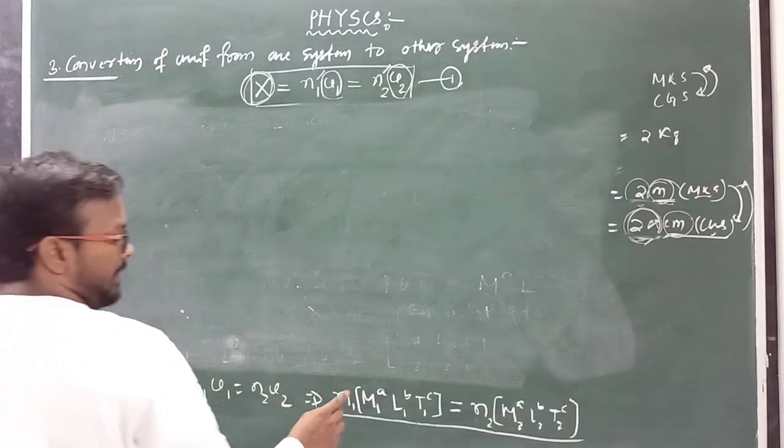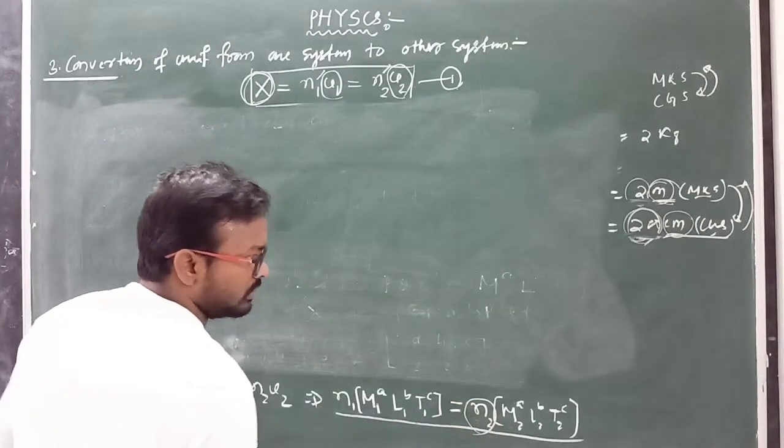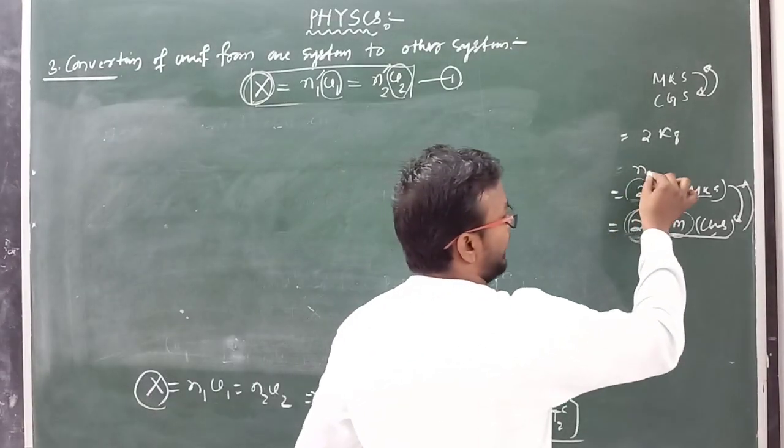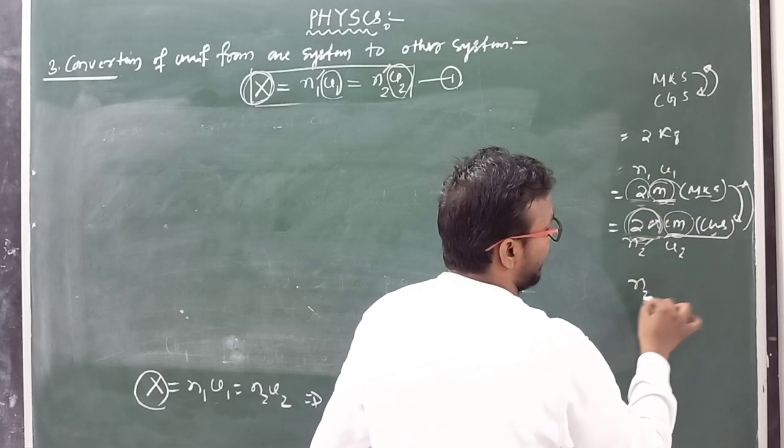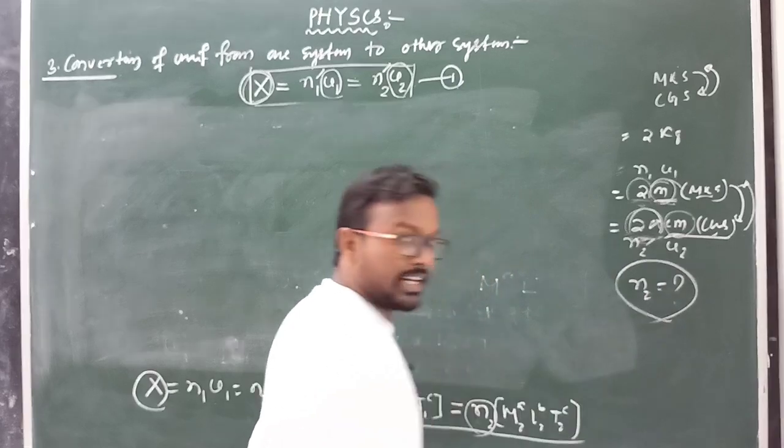Okay, so if you want to find n2, you can write here n1 u1 equals n2 u2, but you have to find n2. So how can we find n2?